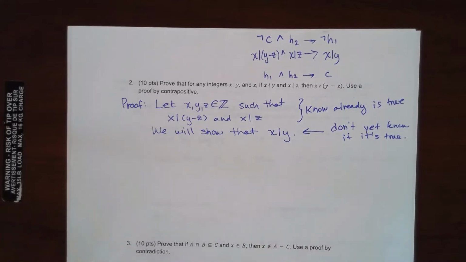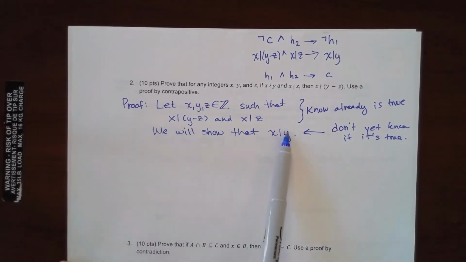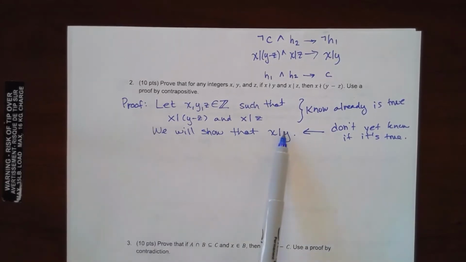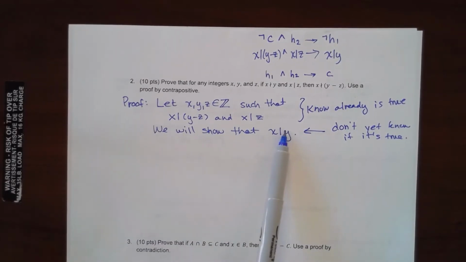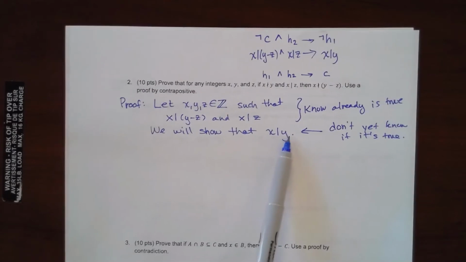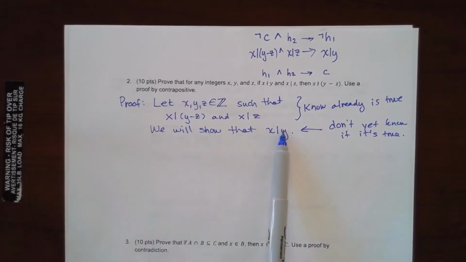I don't know that. I'm trying to show that that's true. I would like to get to that point, but I don't know it. This is what I have to convince you of, that there is some integer that I could write, that integer times x equals y. Then I can convince you, but I don't know whether this is true or not. That's just what I'm trying to convince you of.